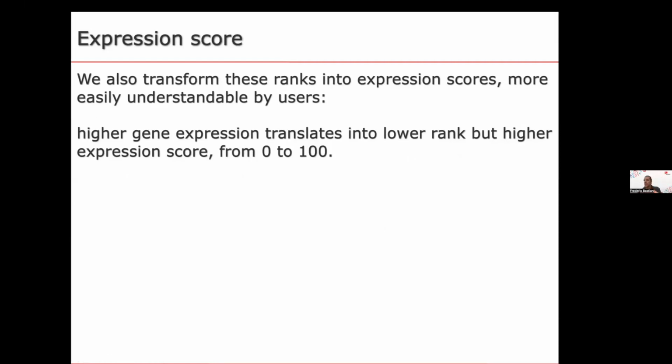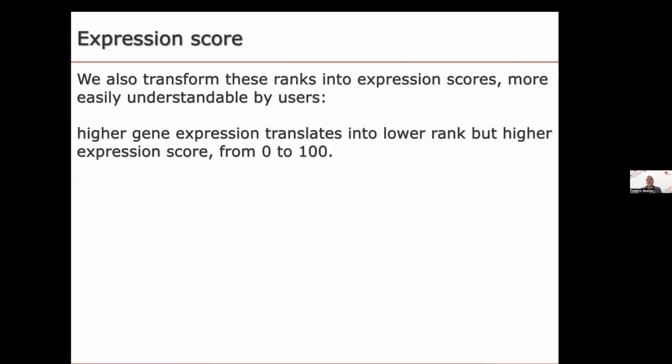Mark showed you in the previous presentation insulin in type B pancreatic cell, and that received an expression score of 100. That was the highest expressed gene in that condition. And this you can compare between species and between experiments and between genes based on this non-parametric statistics.